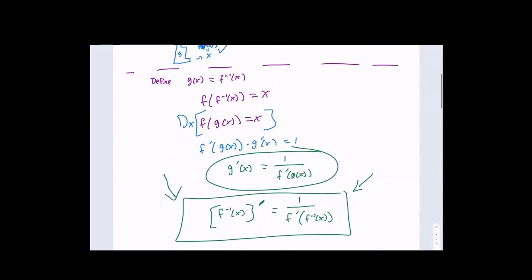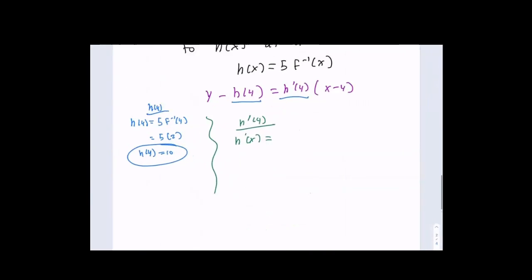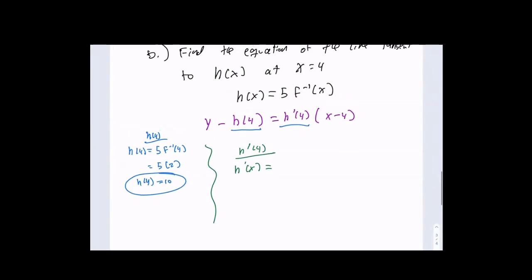I said I'm looking for the function first, but I don't want you to give me the answer for h prime of 4 first. We're trying to find h prime of 4, but before we do, we need to first find h prime of x.